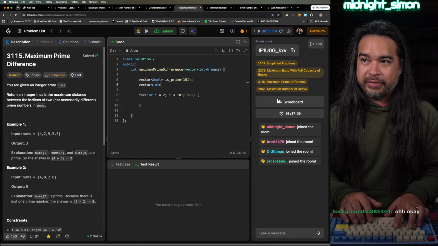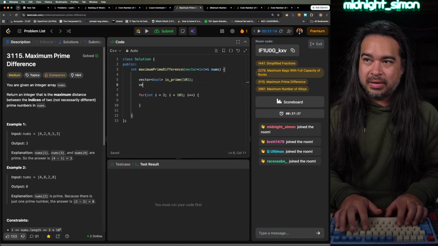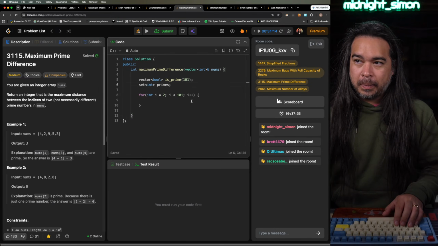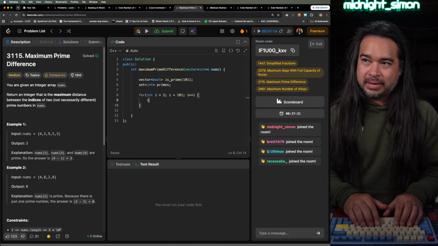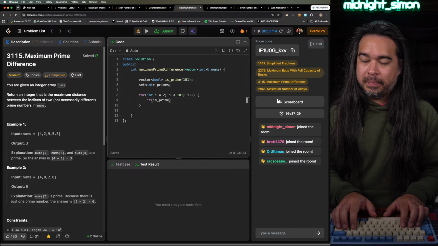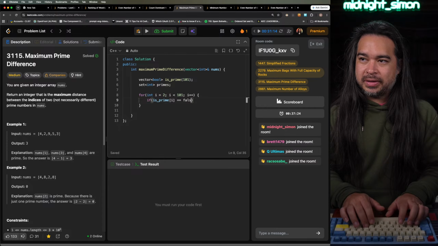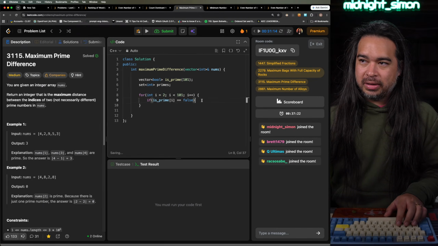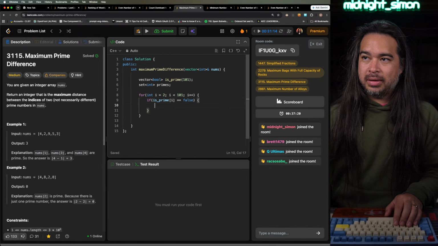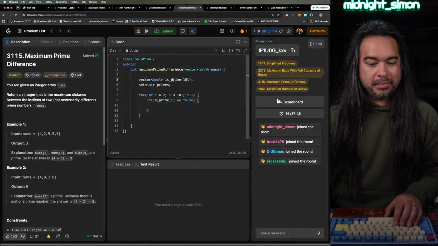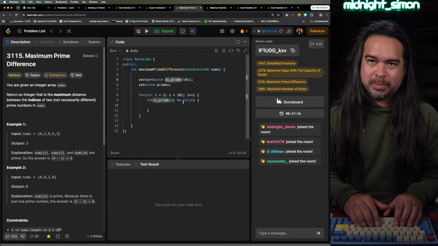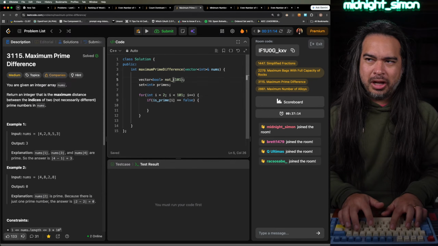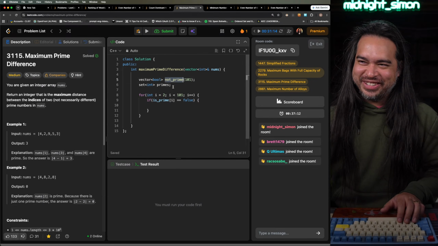And then I'll have a set of all the primes. And I'll say if is prime is false, which it is initially. Or maybe I should not call this is prime then. Not prime? I forget how to do the sieve, man.